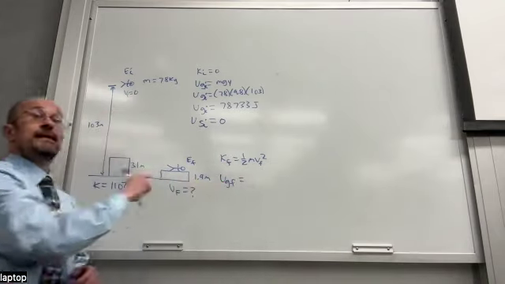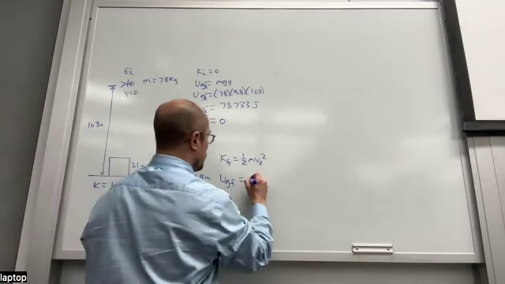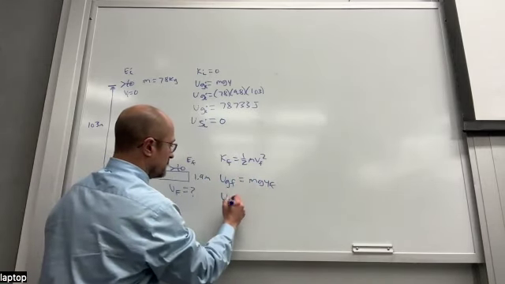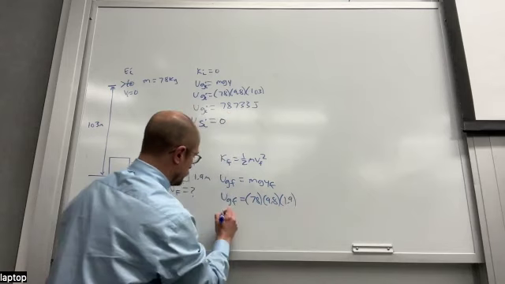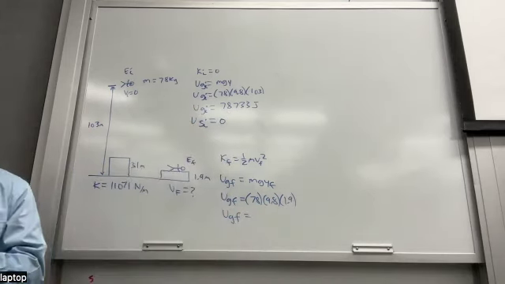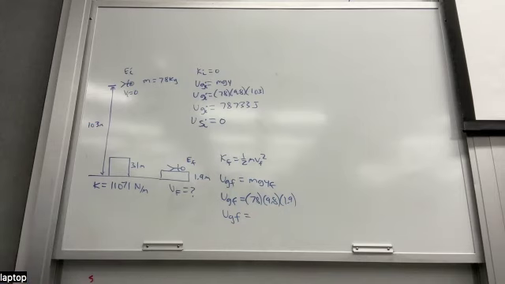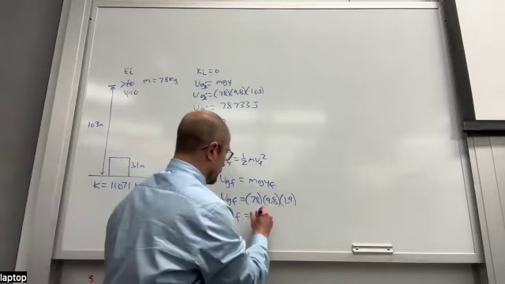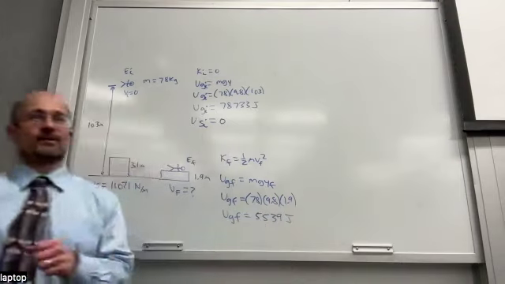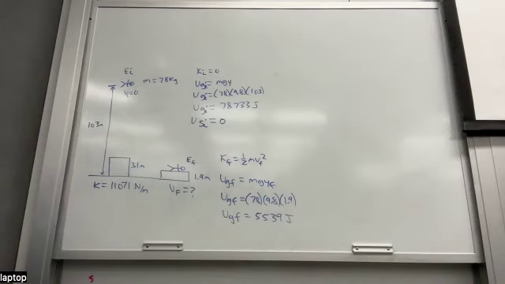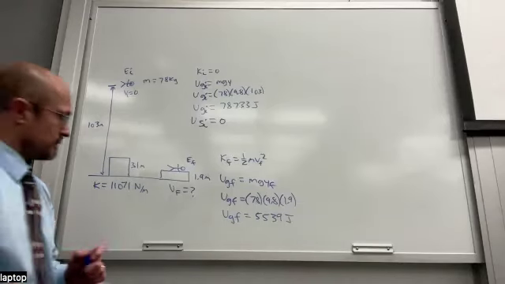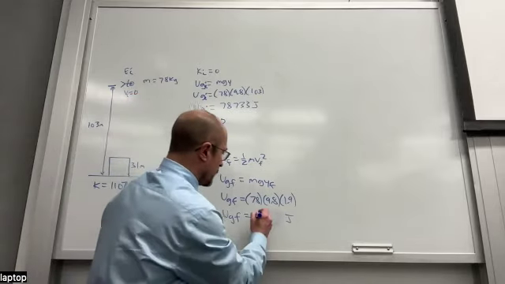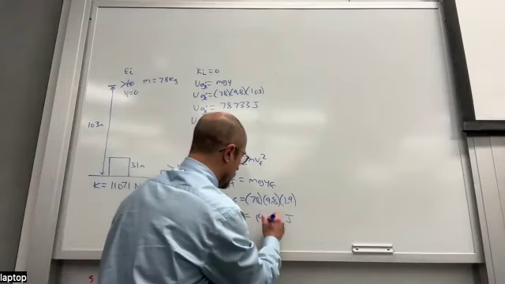Yes, we're still 1.9 meters above the ground, so we have some mgy final, which is 78 times 9.8 times 1.9. That's 1,452.